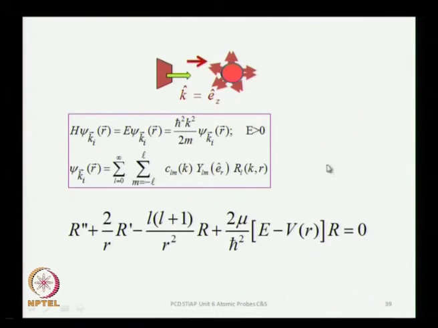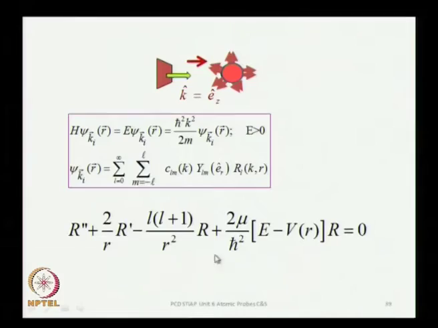Okay. Now, let us look at the solution to the quantum mechanical H psi equal to E psi problem, okay. Now, this again you can break into the radial part and the angular part. The angular part gives you the solutions which are the spherical harmonics, those are known. The radial part for each L will be a solution to the radial Schrodinger equation, okay.